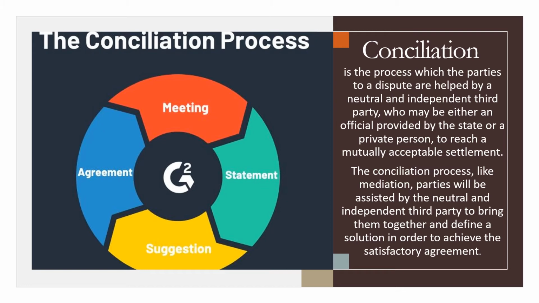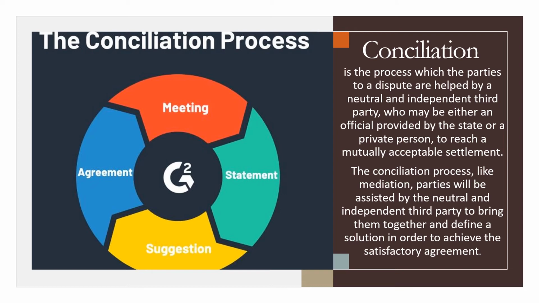A private person, you see a conflict between your friends and you try to come in, but most importantly, they must agree to your intervention. If they do not agree, you cannot just come in and say, oh, I want to resolve this problem, because it will mean that you are imposing yourself into their situation.